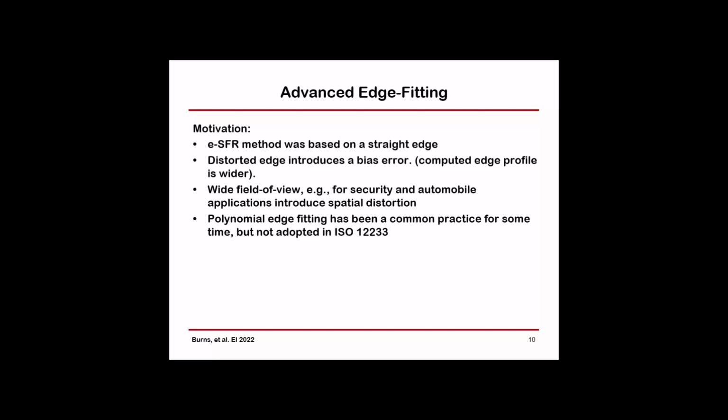Distorted edges can be introduced by wide field of view cameras, and when that happens in the original method, that introduces a bias error. If you are projecting the data or binning along an assumed straight line of the edge, if you have a curve there, your edge profile will be wider. This will result in your SFR having a negative bias. It will be lower.